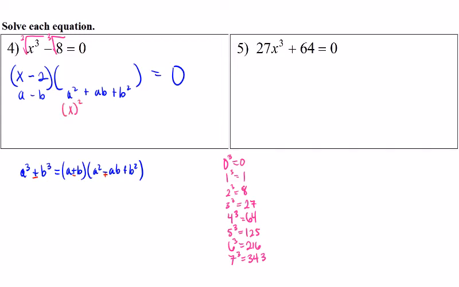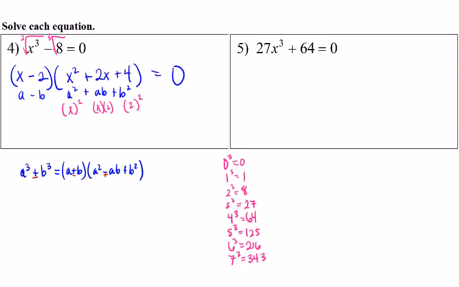So now I'm going to do x squared, because a is x. Put the plus in there. Now I'm going to multiply a times b, so x times 2, which is 2x. And then here I'm going to do b squared. So b is 2, so 2 squared, which is 4.